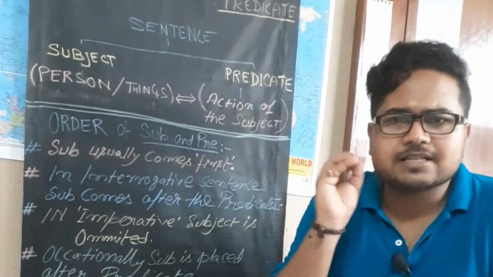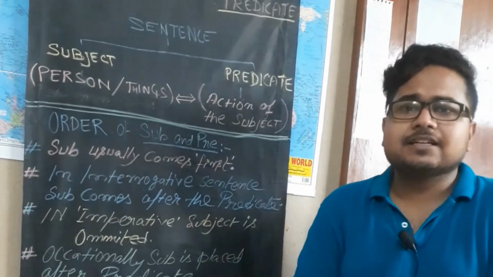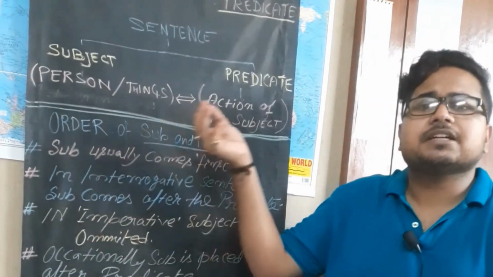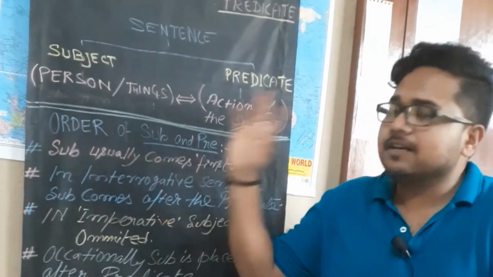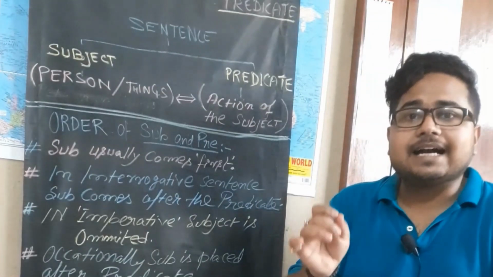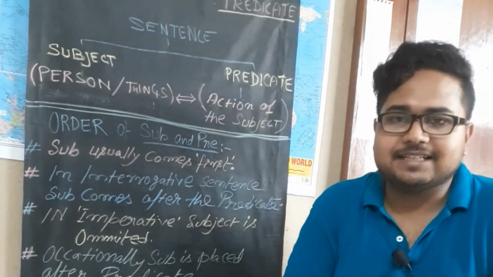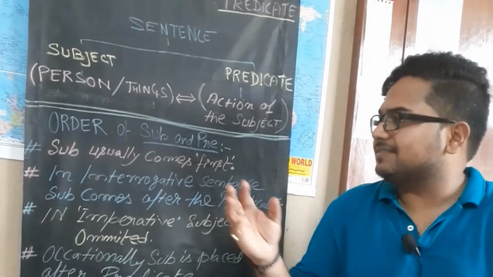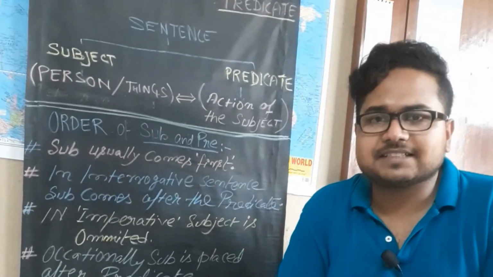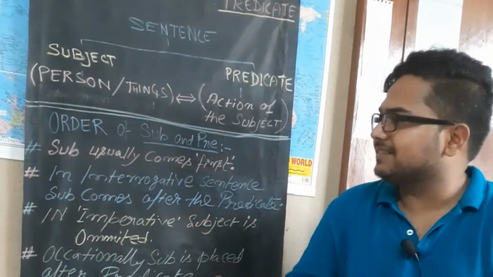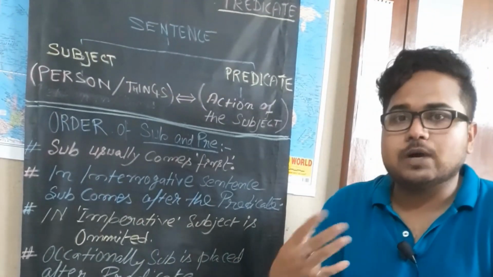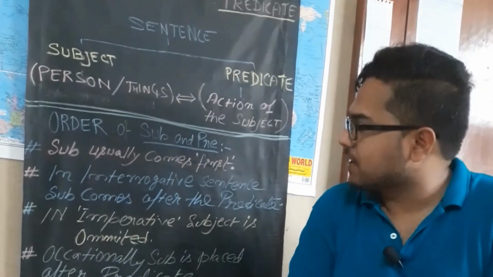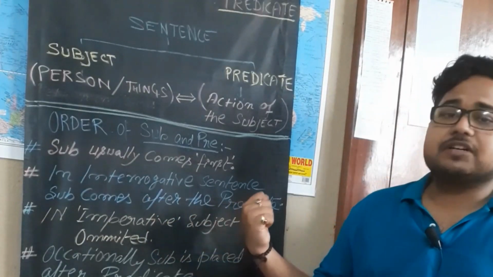But just listen to this, I have not written this. If sometimes the subject comes after the predicate in an assertive sentence, that becomes an emphatic sentence, means the sentence is emphatic. In that case we will have some broader discussion in other classes on what an emphatic sentence is and how to actually differentiate it. Next, in an interrogative sentence, the subject comes after the predicate.